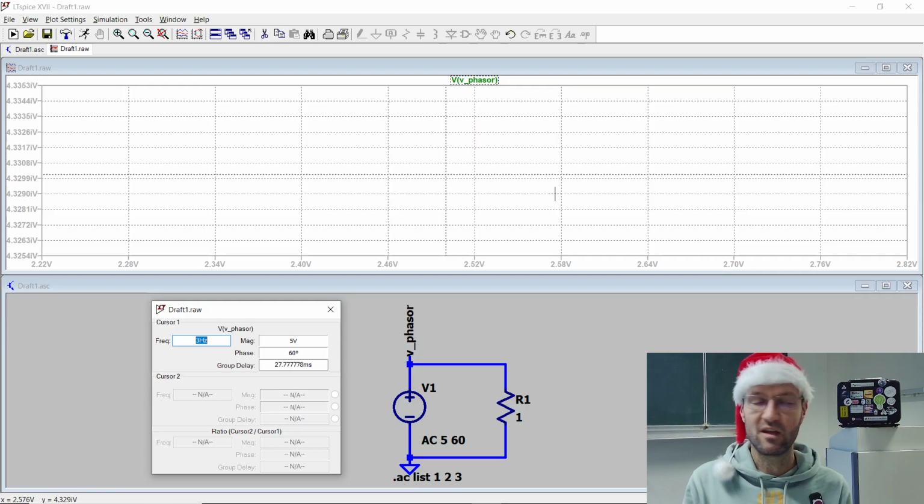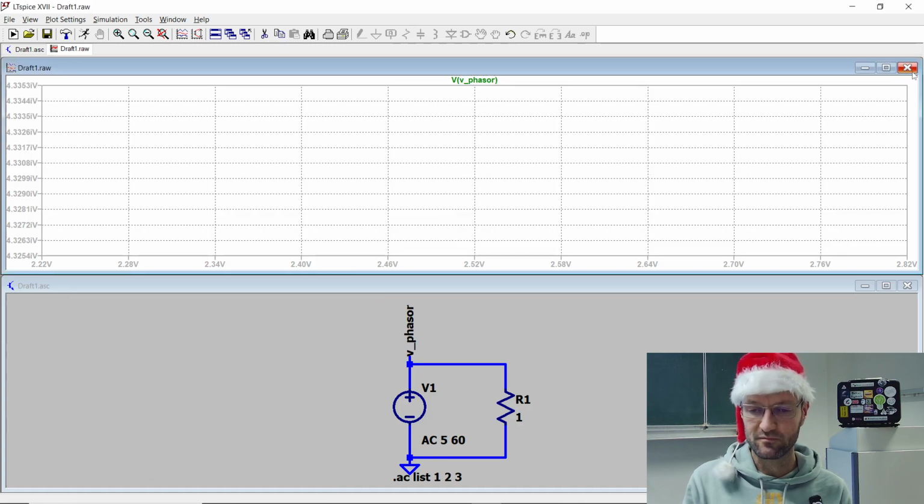So this would do the same kind of calculation and conversion with complex phasors in frequency domain.